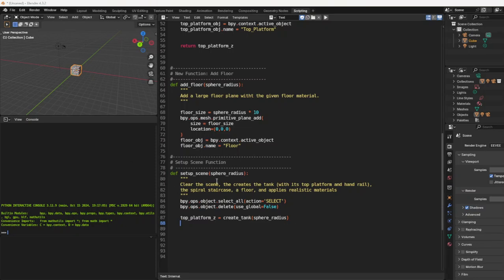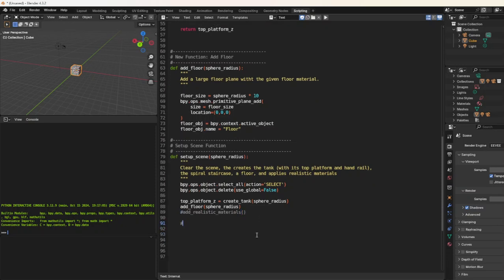Add floor, sphere radius, add realistic materials. However, it's going to be an error if you don't comment this out, because we don't have this yet. But we're going to uncomment it in future lessons.